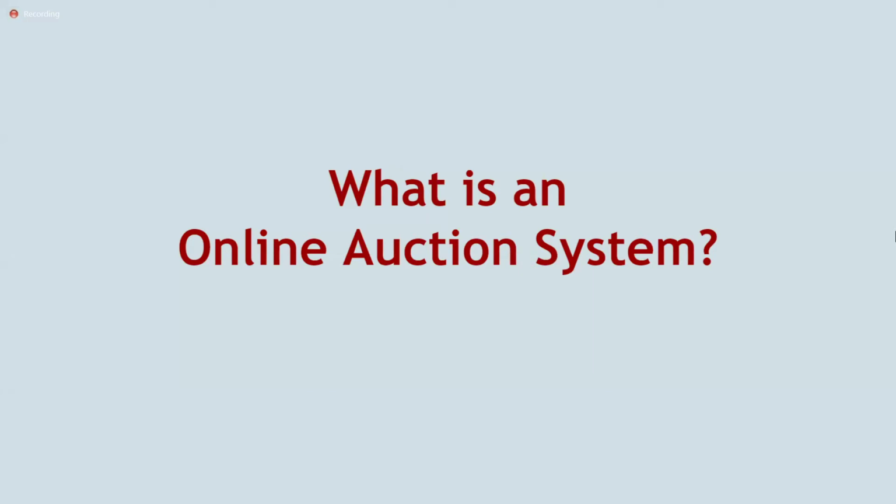Any seller or buyer from anywhere in the world can participate in an online auction and sell or buy their items. With the online boom, many companies and people have come up with different online auction software to host virtual auctions on the internet. We're going to be talking about one such online auction software now.